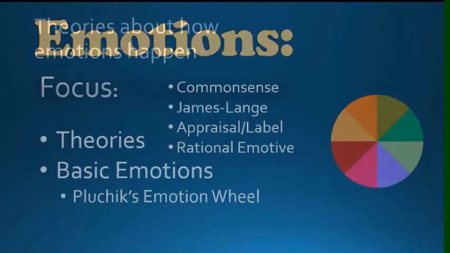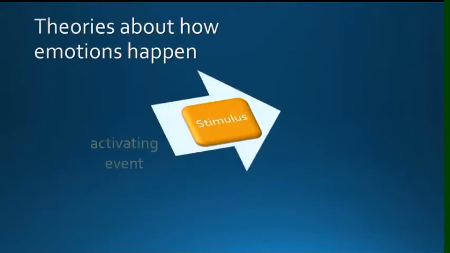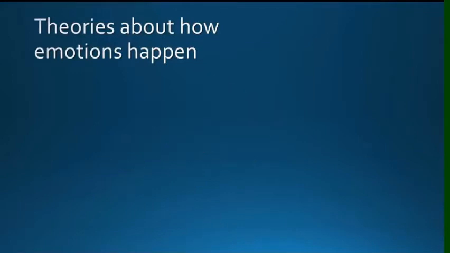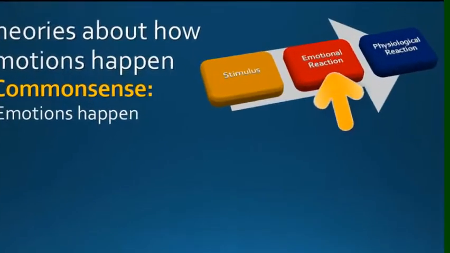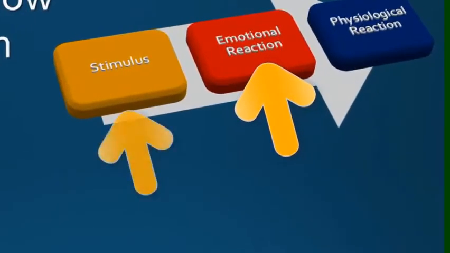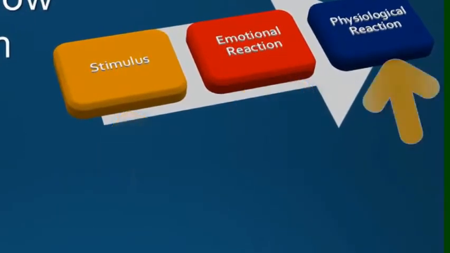There are a number of theories about how emotions occur, most just moving around the order that things happen. All of them, however, start with a stimulus, or what some call an activating event. The stimulus could be someone's behavior, even your own, an event, something that you react to. The common sense theory suggests that emotions just happen, and they happen as a response to a stimulus, and then your body responds.